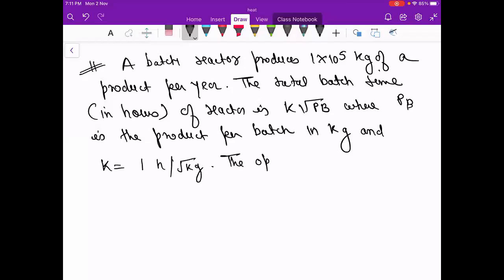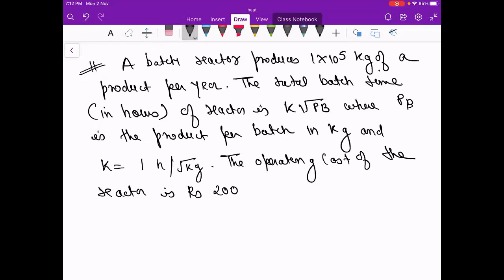The operating cost of the reactor is rupees 200 per hour.